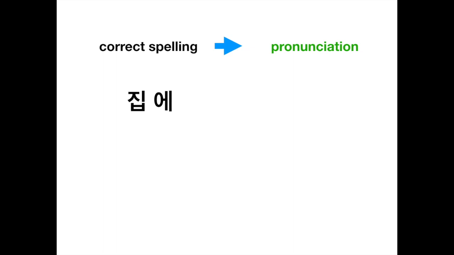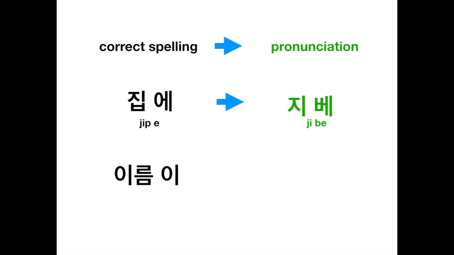Okay, another example. The correct spelling is jeep-e. The pronunciation becomes, okay, B will become medial, so it will become B. So, jibe. The spelling, though, is jeep-e. Next, irum-i.